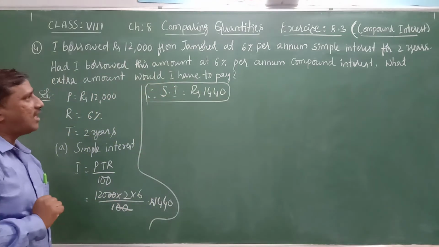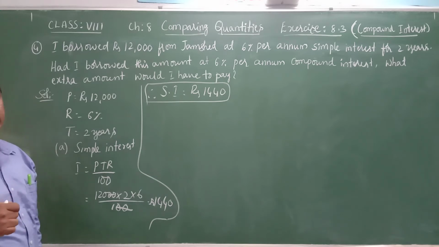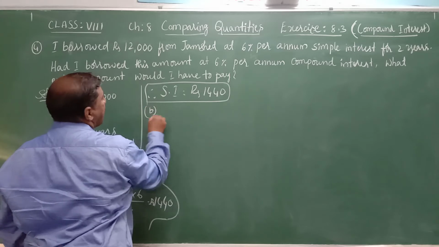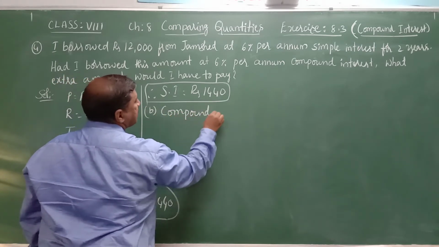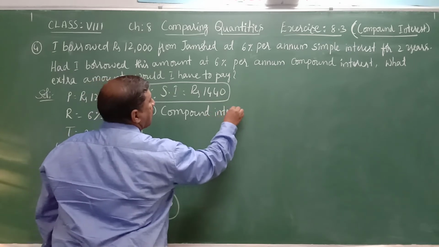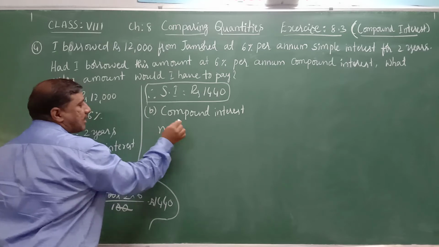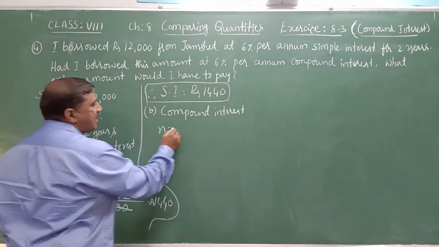Now we have to calculate compound interest annually. So here n is equal to the number of time periods, 2 years are there, so 2 is the n value.